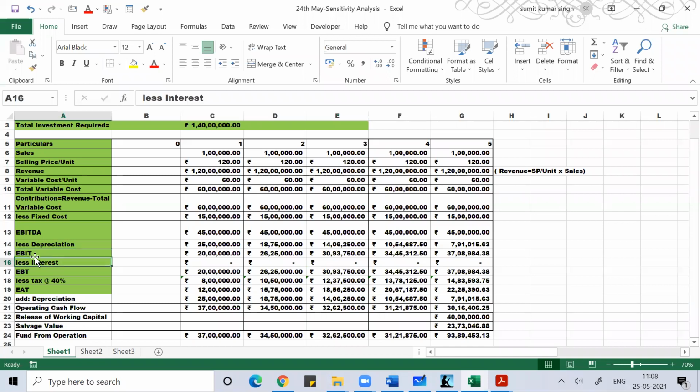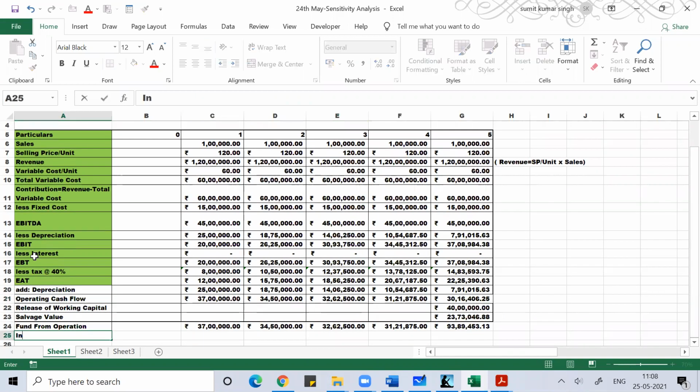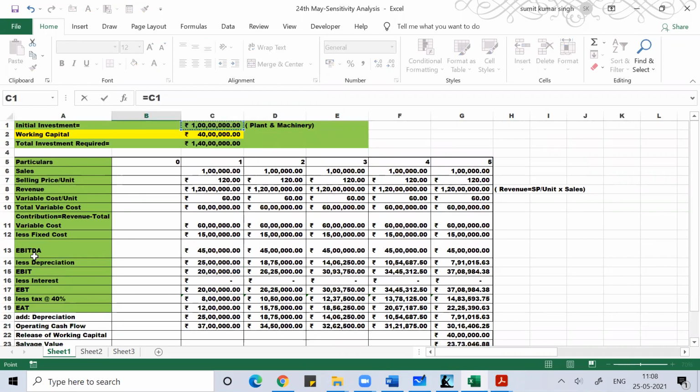So once you're done with this, then I can do the initial investment, or I can write investment. So how much is your investment? Investment was 100 lakh plus 40 lakh working capital.